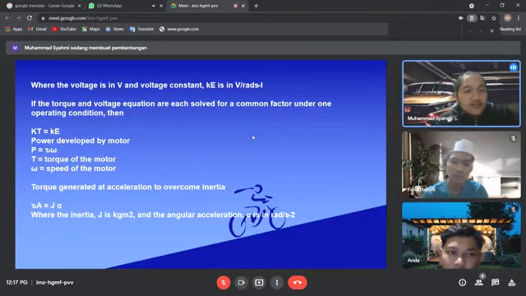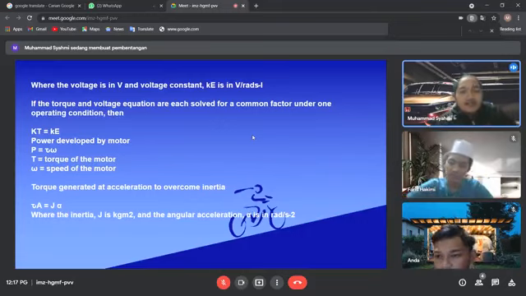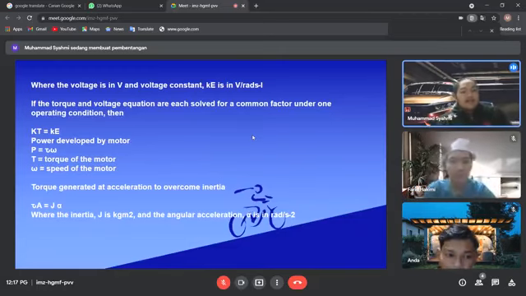Where the voltage is in V and voltage constant KE is in V per radian per second. If the torque and voltage equations are each solved for the common factor under one operating condition, then KT equals KE.